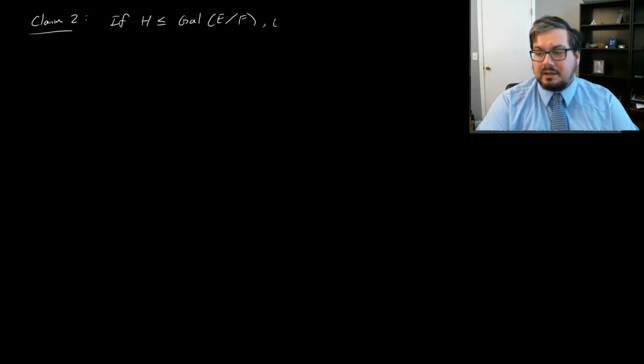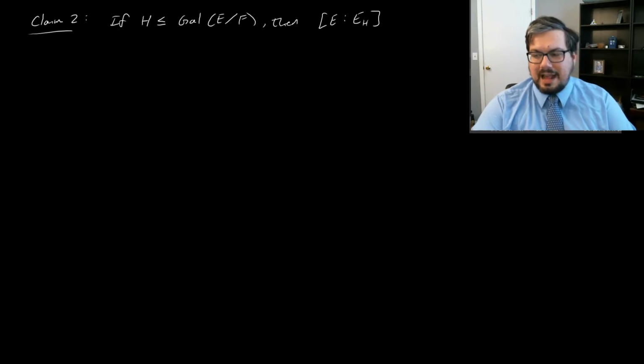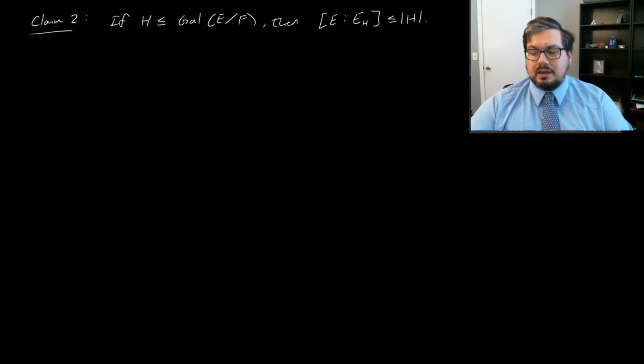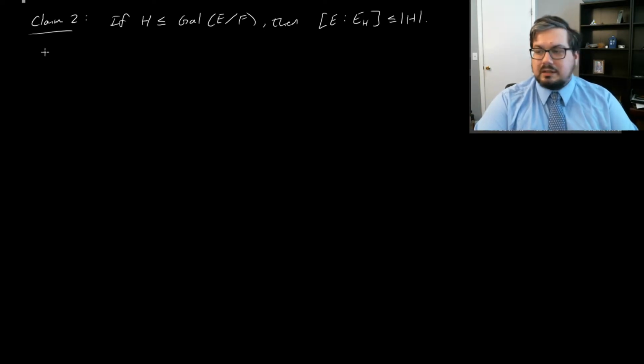So claim 2 says that if H is any subgroup of the Galois group of E over F, then the order of the field extension E over the fixed field of H is less than or equal to the order of H. So this one goes like the following.